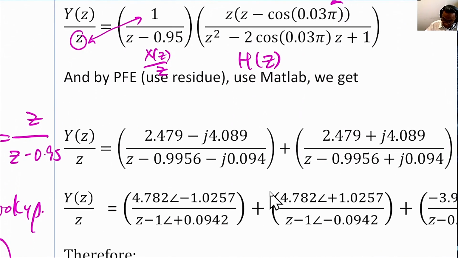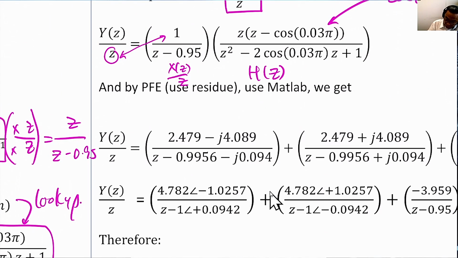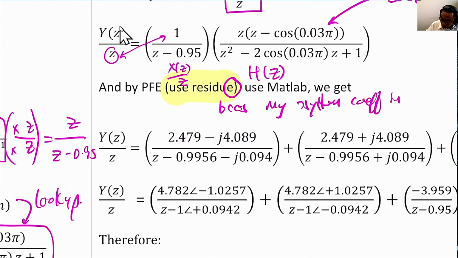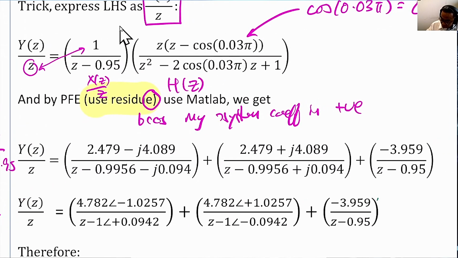Now you can use MATLAB's residue to break this equation down into partial fraction expansion. The take home message is this: I'm using residue because my system coefficients are in positive powers of z.